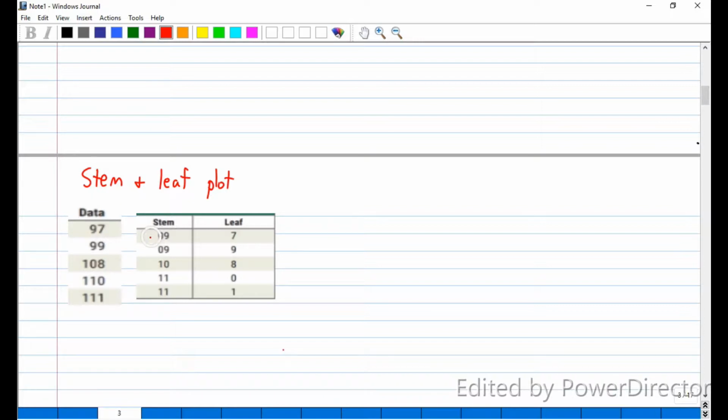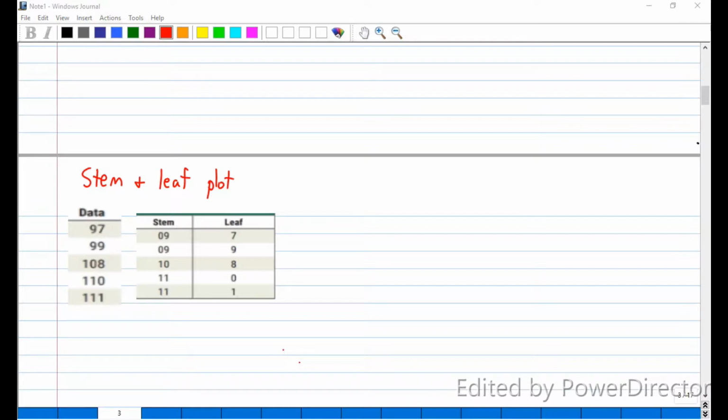But this row means 97. And this row means 99. This row means 108, 110, 111. And so you can see it doesn't make a lot of sense to present a small amount of data that way.